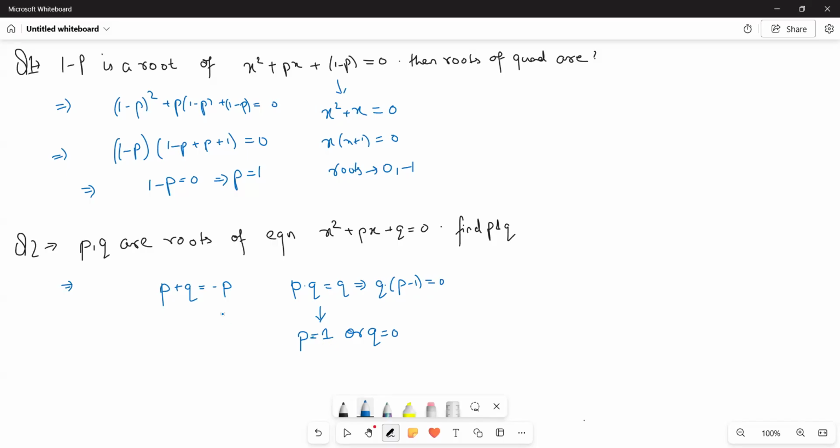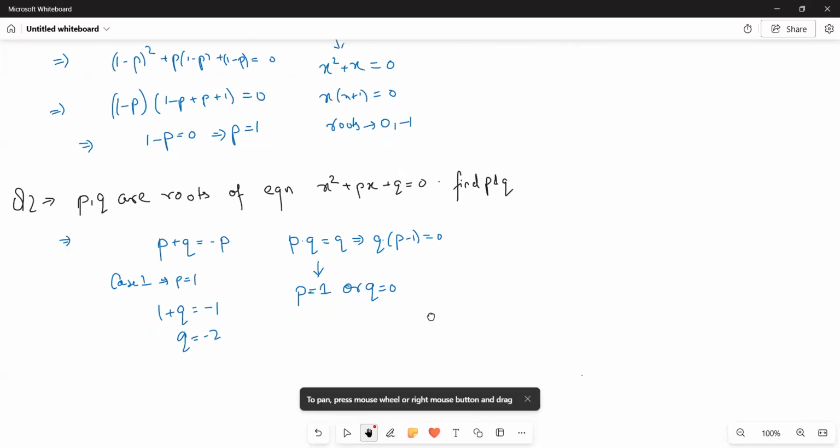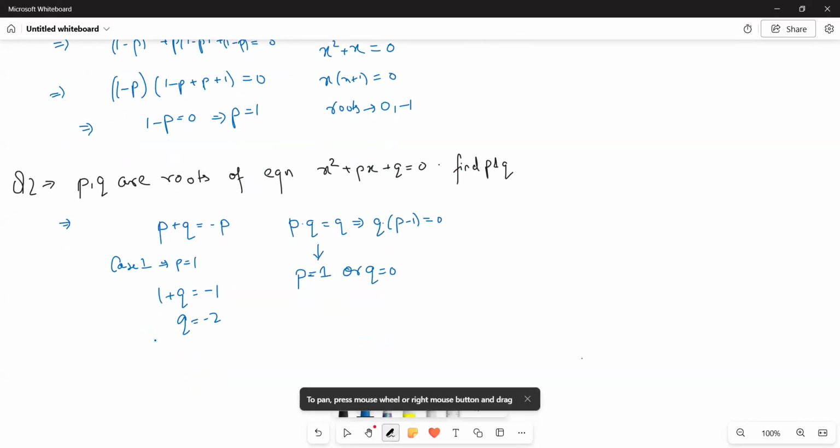Now, if p is 1, case 1, p is equal to 1. So we get 1 plus q is minus 1. So what do we get for q? Minus 2. And case 2, if q is 0, we get p plus 0 is equal to minus p, which gives 2p is equal to 0, therefore p is 0.